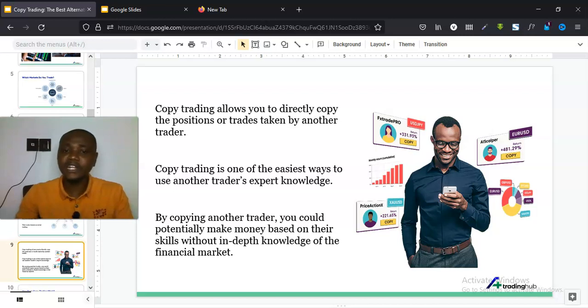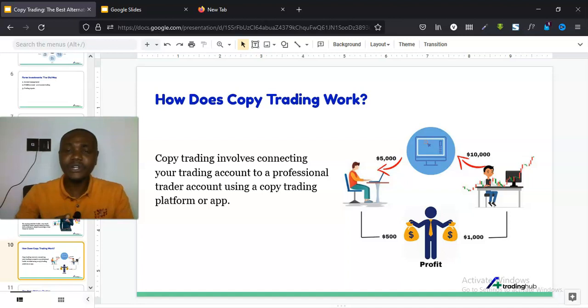By copying another trader, you could potentially make money based on their skills without in-depth knowledge of the financial market. The way copy trading works is by connecting your own trading account to a professional trader's account using a copy trading platform or app. So this is basically it about copy trading.